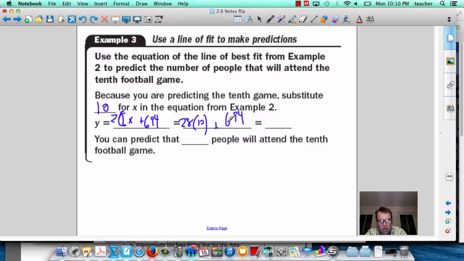And we solve that, in 10 games we should have 974 people attend.